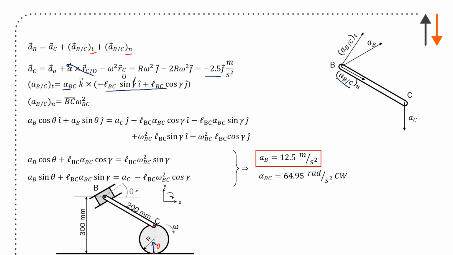I jumped the gun again a little bit, but this is your I right here, and this is your J with the correct form. You end up with acceleration B, which is 12.5 meters per second squared, and alpha BC, which is 64.95 rad/s squared.